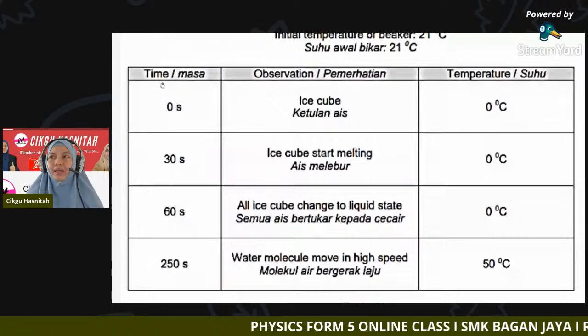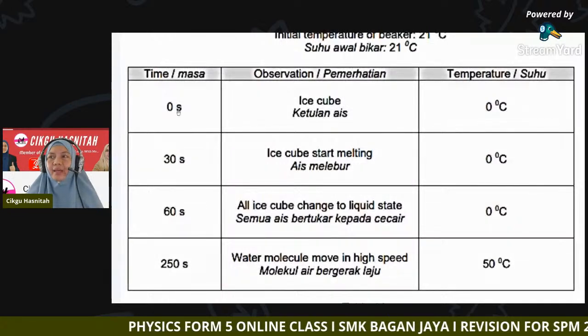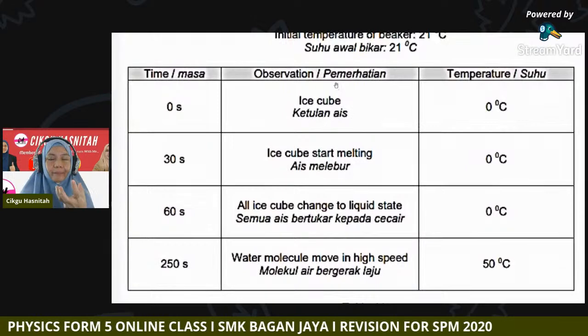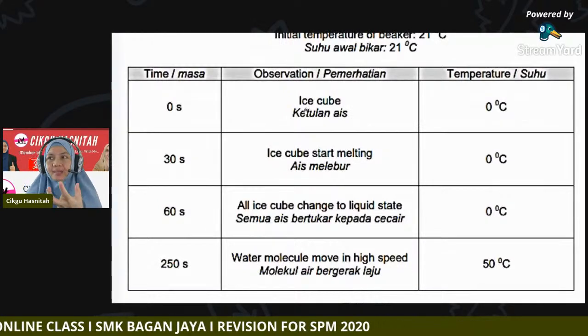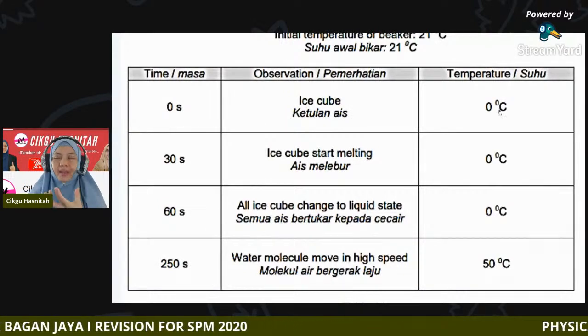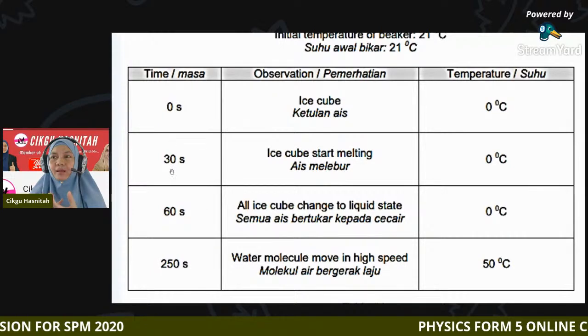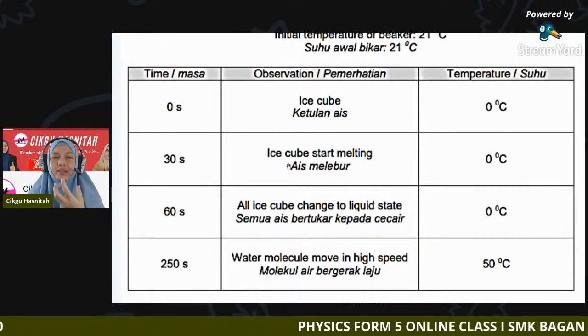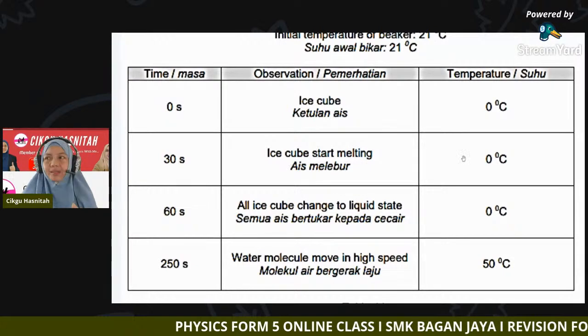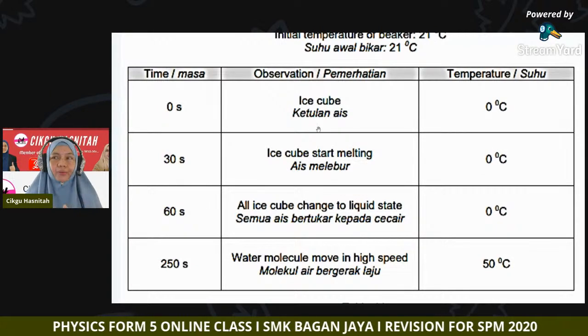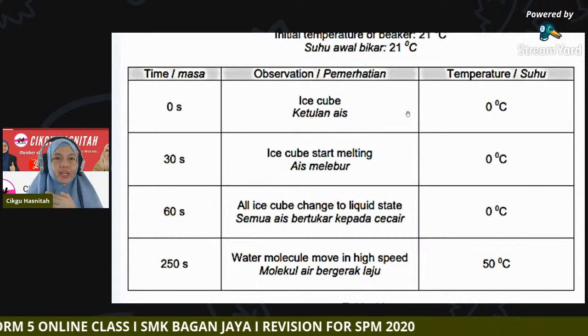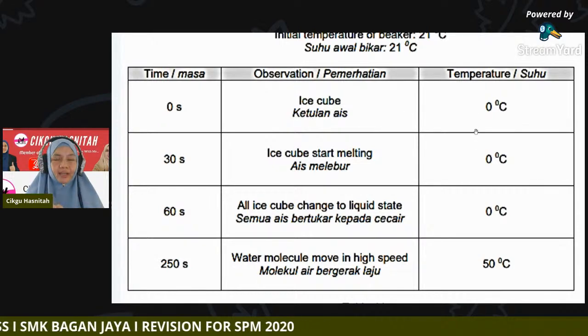Initially, at 0 seconds, the substance exists in a state of ice, solid. Temperature is 0. After 30 seconds, what happened? The ice cube starts melting. Still, the temperature is 0. This means the phase is changing, but the temperature is still constant at 0 degrees Celsius.